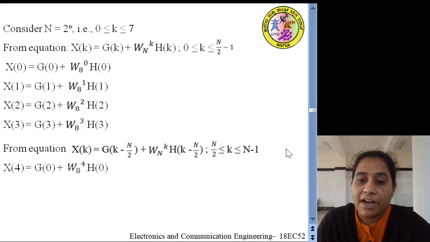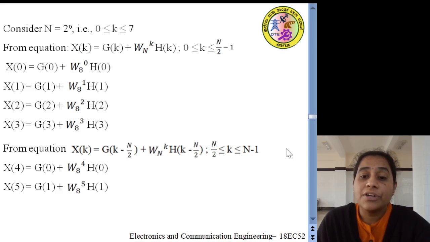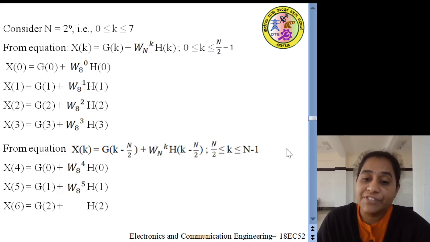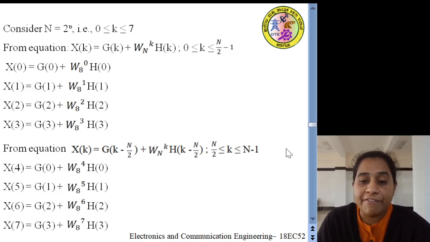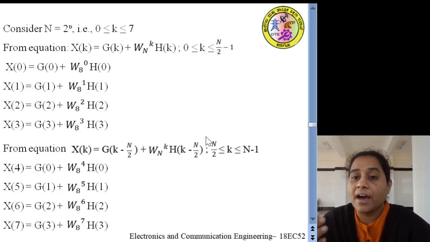So we can write X(4) as G(0) plus W_8^4 into H(0). X(5) is equal to G(1) plus W_8^5 into H(1). X(6) is equal to G(2) plus W_8^6 into H(2). Similarly, the last one, X(7), is equal to G(3) plus W_8^7 into H(3). So this is how we can represent our DFT for the first half as well as the last half. This is how we have split it, or decimated.